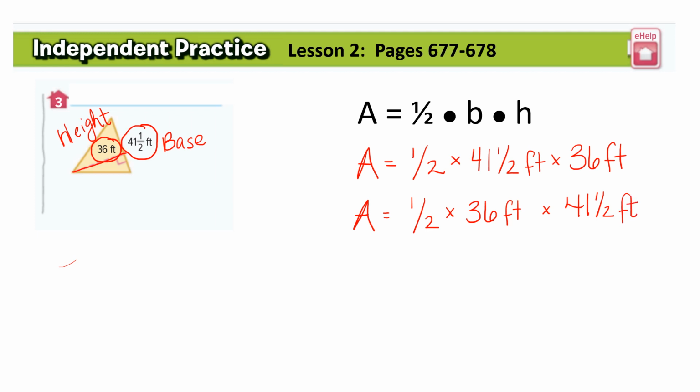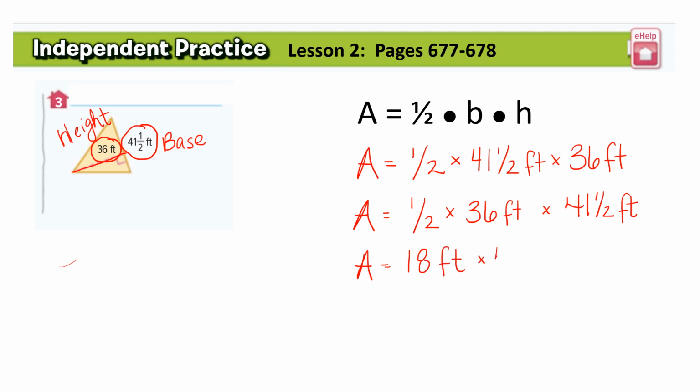Because at first I'd like to find out what 1/2 of 36 is. So 1/2 of 36 equals 18, and I can do that mentally.